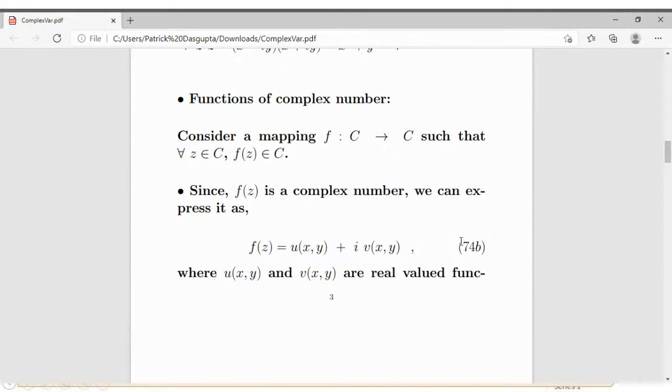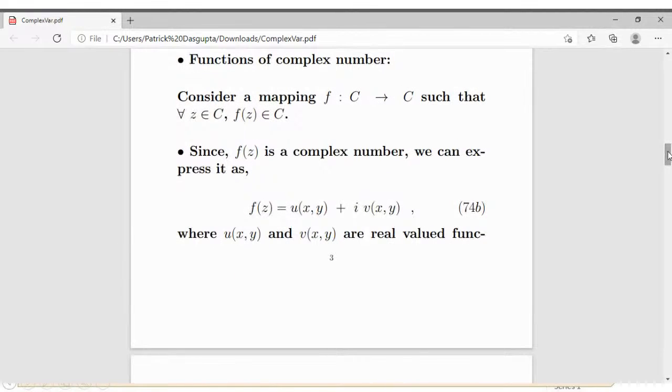In equation 74b, therefore, one has expressed the mapping f of z, the complex function f of z, as the real part of the complex function plus iota times the imaginary part of the complex function. u and v, which are functions of z, that means they are functions of x and y, are of course real valued functions.